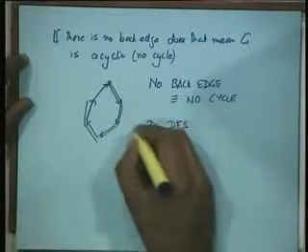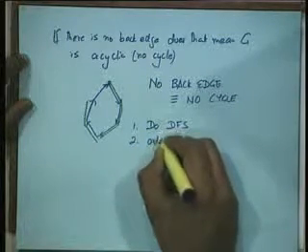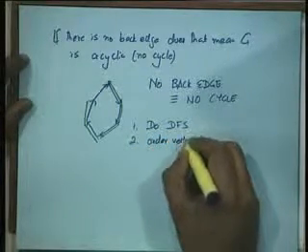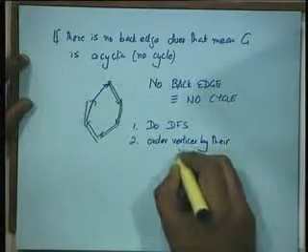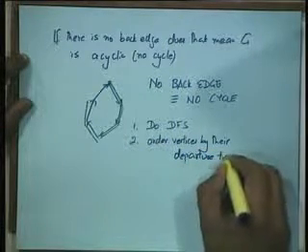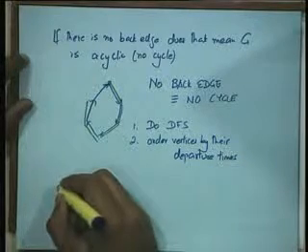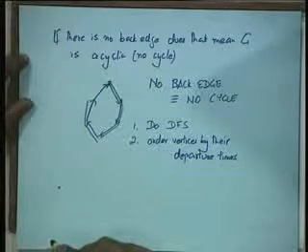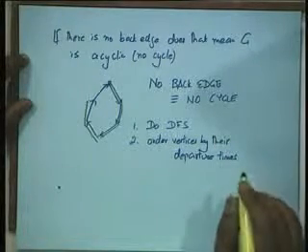So, do DFS, order vertices by their departure times. What does that mean? Let us say I will first put down the vertex which has the largest departure time.